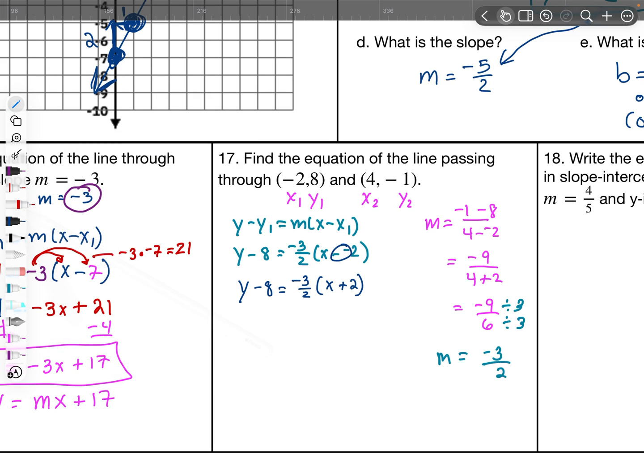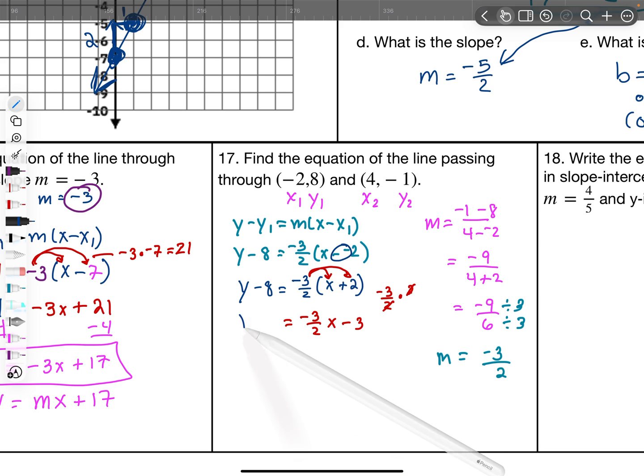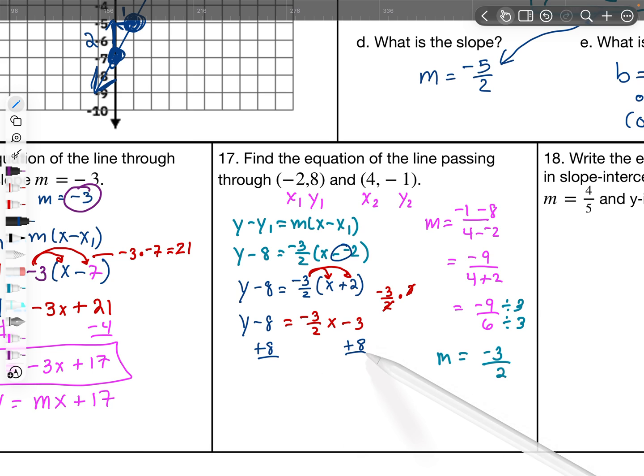That's the easy one. This is the tougher one. -3/2 times 2, I can divide first. It comes out to -3. Now I should have brought down my left side before I did all that math. But now I'm ready to get rid of that 8 and get that y alone. So I get -3/2 x plus 5.